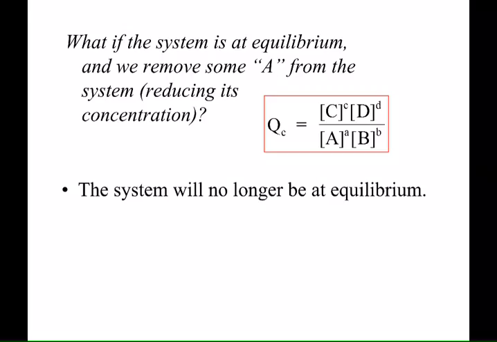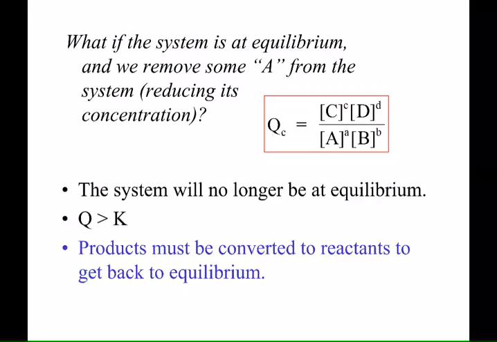But if you look at what happens, if you decrease this amount, according to your reaction quotient, that's going to make your numerator bigger, right? Your QC is now going to be bigger than your Kc. And one of the things we said before, if that's the case, then you have too much product and you need to take some of that product and convert it to reactants.